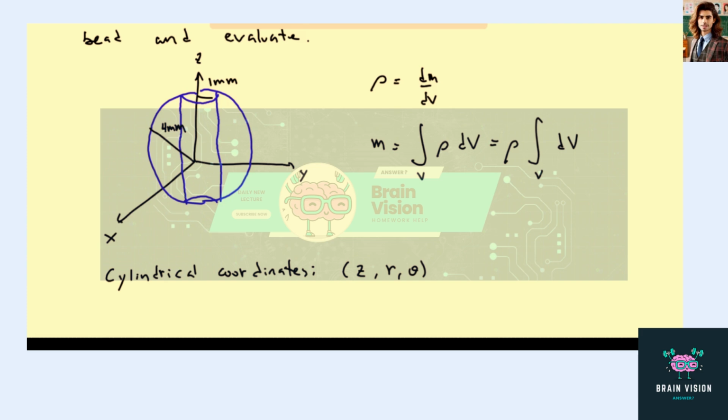And theta is defined as the azimuthal angle, so the angle that the radius makes with respect to the x-axis. For example, if we were to consider a radius here in the xy plane, this angle here will be theta.